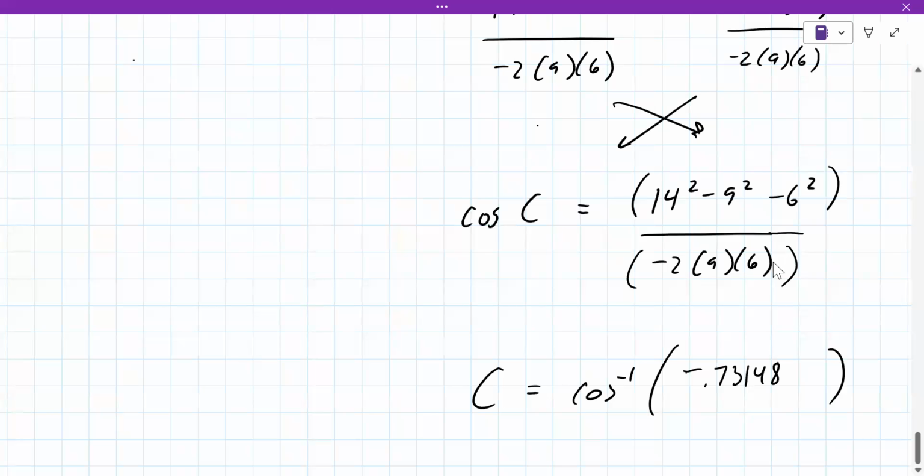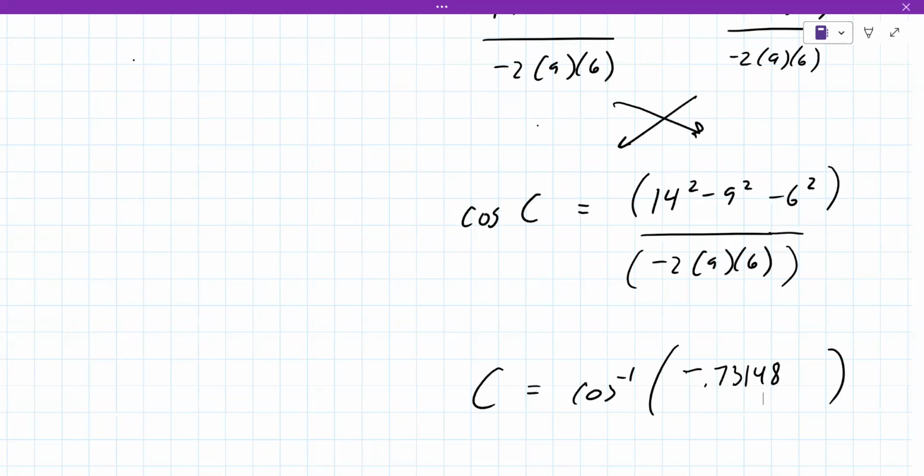It's likely just a parentheses imbalance. Minus 9 squared. Okay, there we go. I got it.